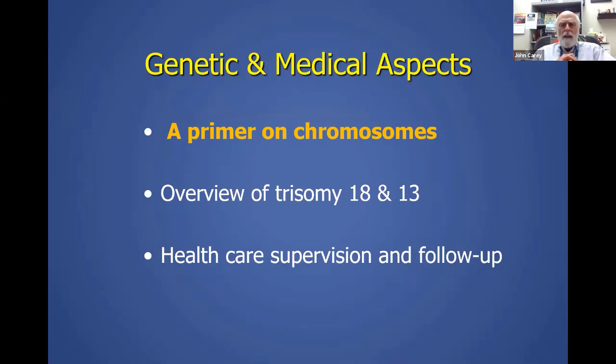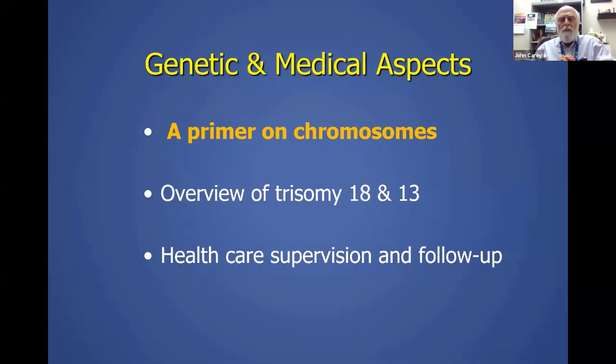So my talk is divided into these three parts. Most of the talk will be what I like to refer to as a primer on chromosomes. That is a learning experience about those human structures, those structures in all animals and plants that we call chromosomes.